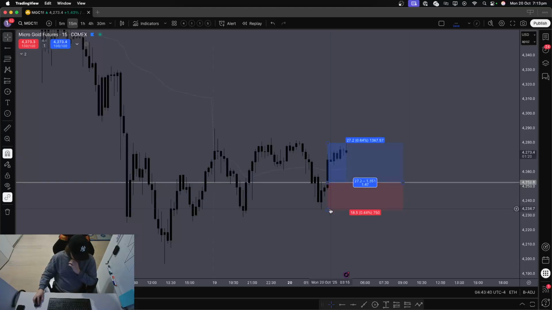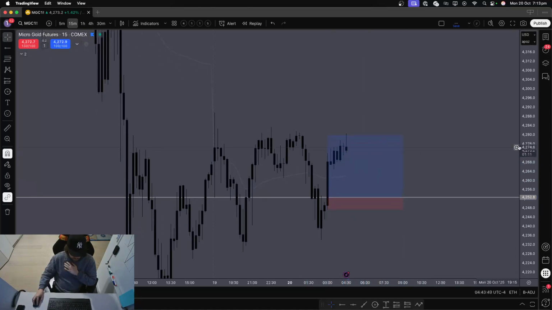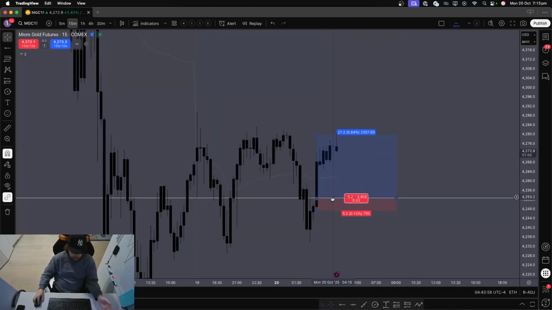But as this shot up, I moved my stop straight away, and when I got to 100 or so ticks, I just continued to tighten the trade, and that inevitably gave me an overall really good risk to reward.